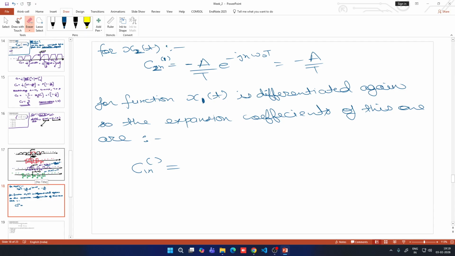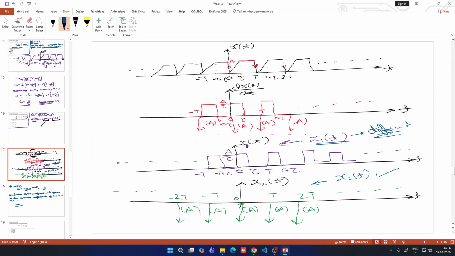I haven't plotted that again here, but if we do this differentiation, it will be simple, whatever we have done in problem 1. So it's just a repetition of question number 1.